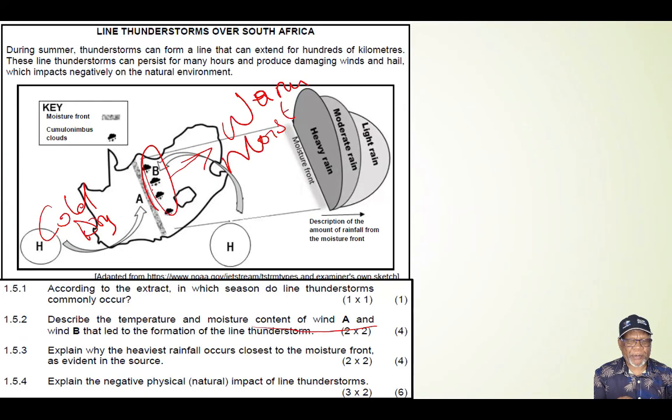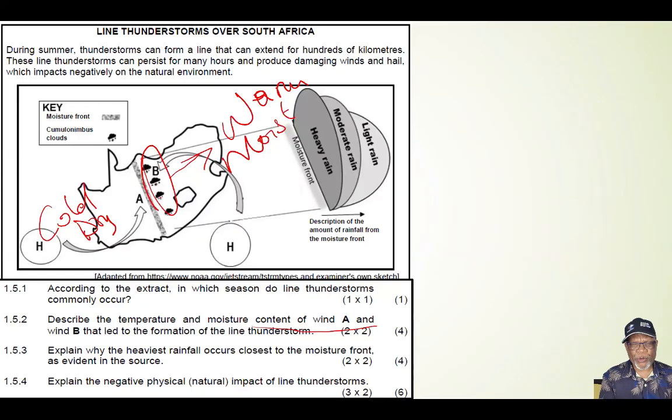It is because this part over here is closer to the moisture. Even if you have somebody staying closer to the heater and somebody moving further away from the heater, which of the two people will experience higher temperatures? The one who is closer.